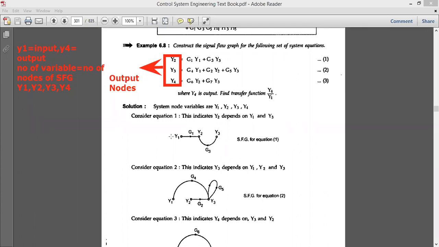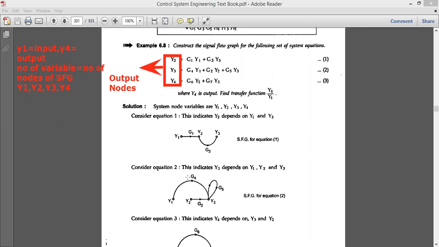In this way we construct the signal flow graph for equation number 1. Now consider equation number 2. Equation number 2 is y3 equal to the algebraic sum of these three terms. Now y3 is the output node.